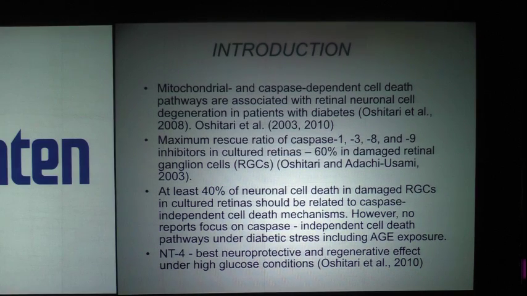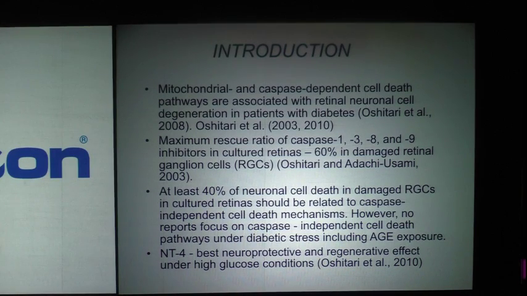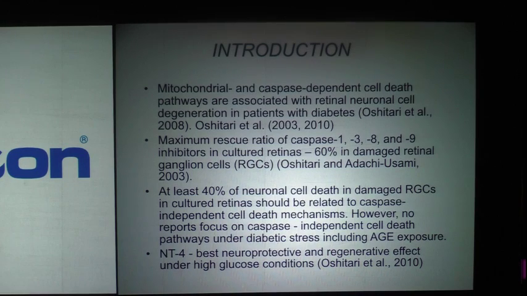So as Dr. Ashtari presented before, the mitochondrial caspase-dependent self-death pathway was found to be associated with the neuronal cell death in patients with diabetes. But at least 40% of neuronal self-death in damaged neurites should be related to the caspase-independent self-death pathway.